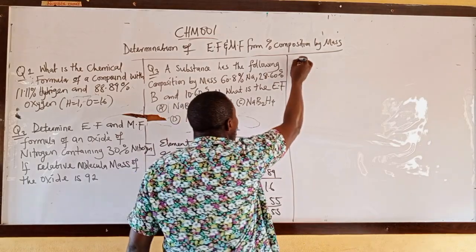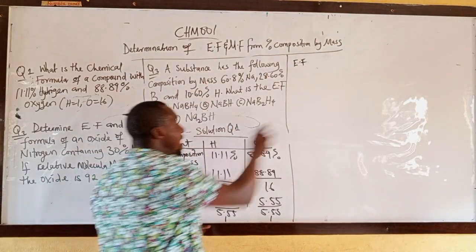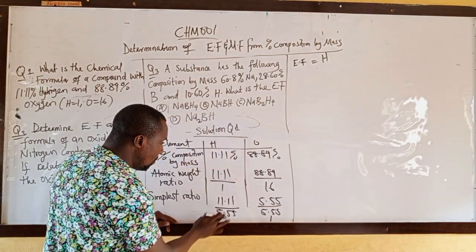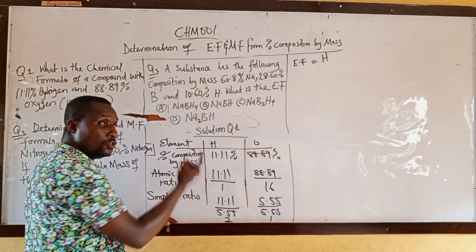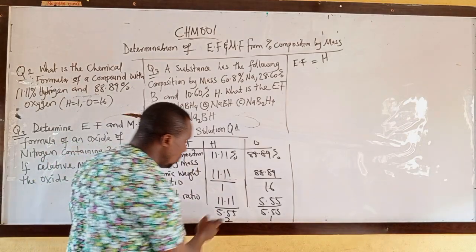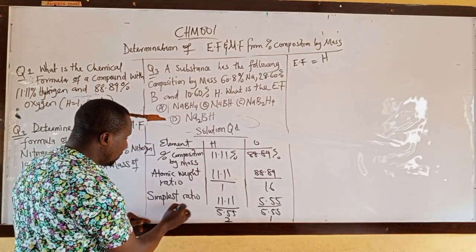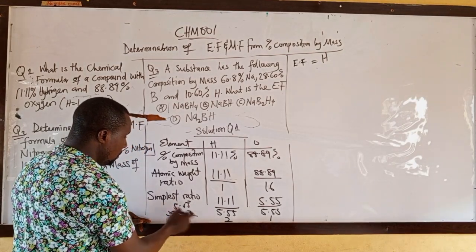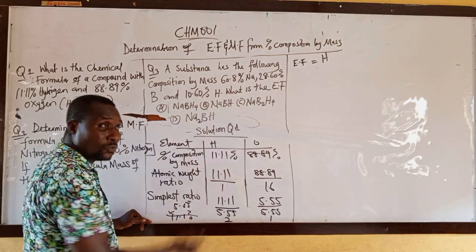I'm sorry, let me correct that. 11.11 divided by 5.55 is 2, because 5.55 times 2 is 11.10.